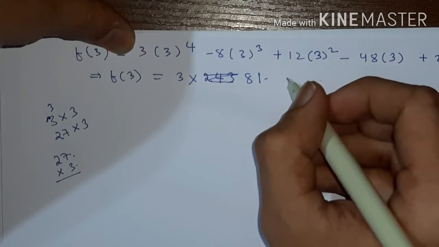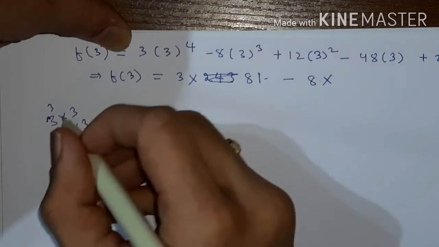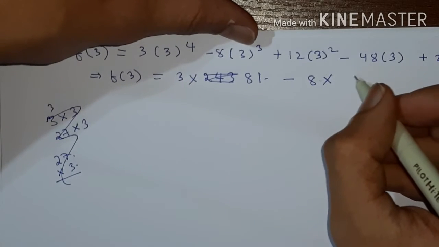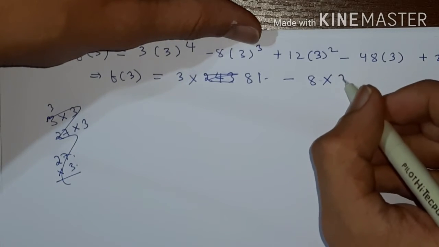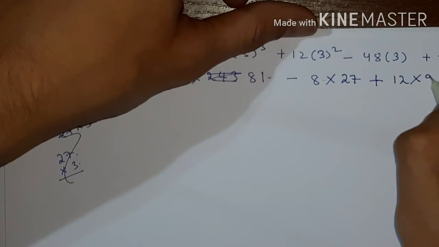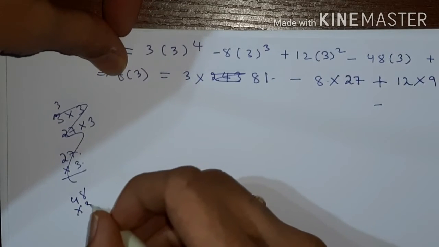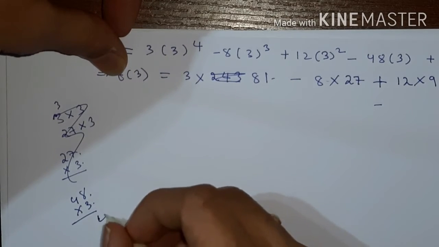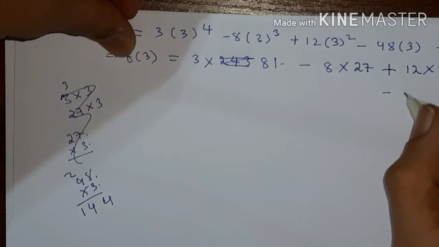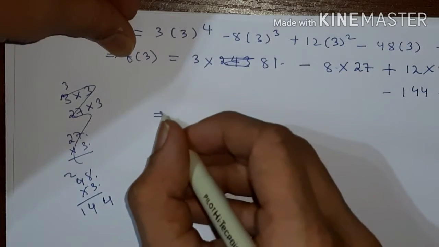Then minus 8 multiplied by 3 cubed, that is 27, plus 12 multiplied by 9. Minus 48 multiplied by 3 is how much? 4 threes are 12, 8 threes are 24, so 144. So 144 plus 25.